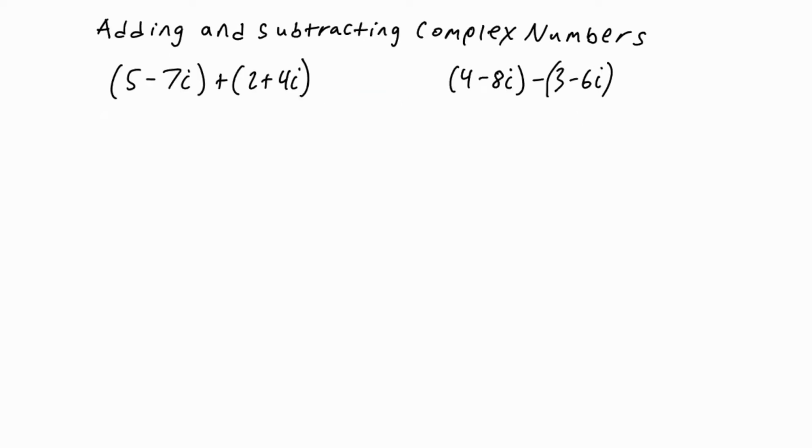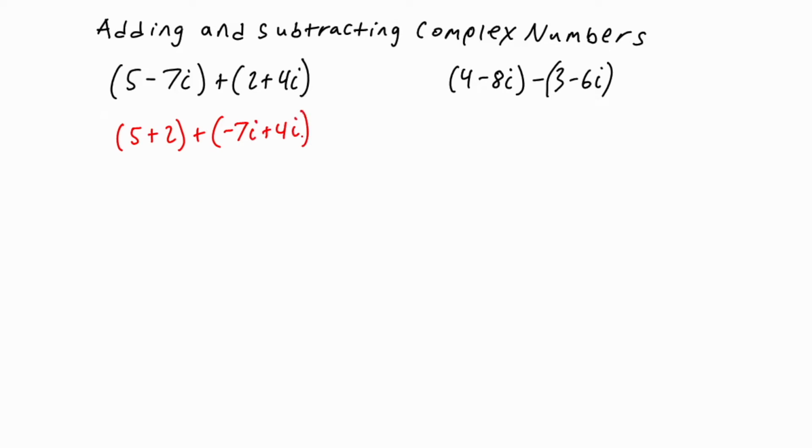All right, now let's learn about adding and subtracting complex numbers. So what we do here is essentially just combine like terms. We group the things that are real and group the things that are imaginary. So we can rewrite this first part as 5 plus 2, plus negative 7i plus 4i.